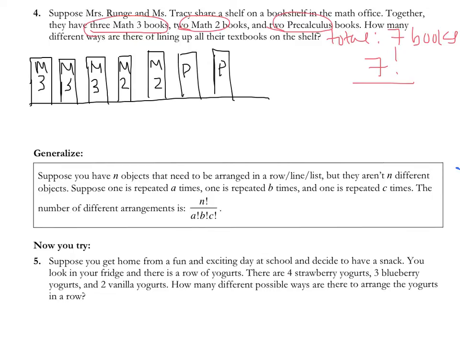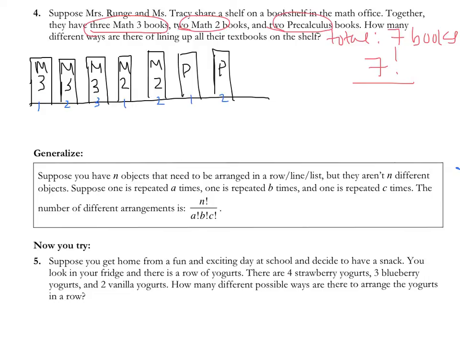So let's call the first book Math 3 1, Math 3 2, Math 3 3. This is Math 2 1, this is Math 2 2, this is Pre-Calc 1, Pre-Calc 2. And let's think about how this calculation distorts how many different arrangements there are.